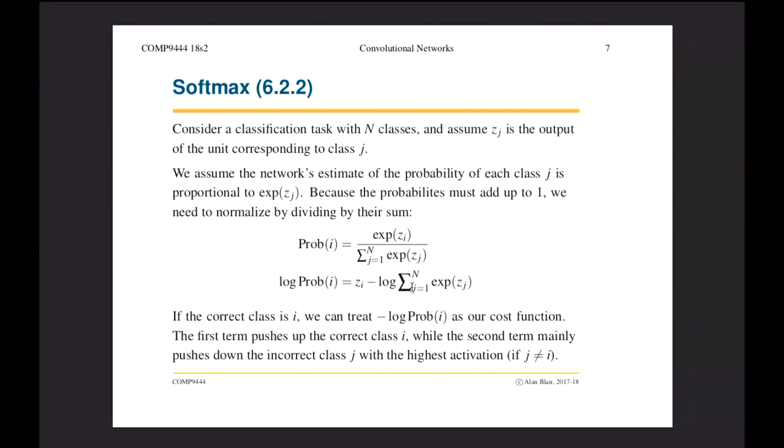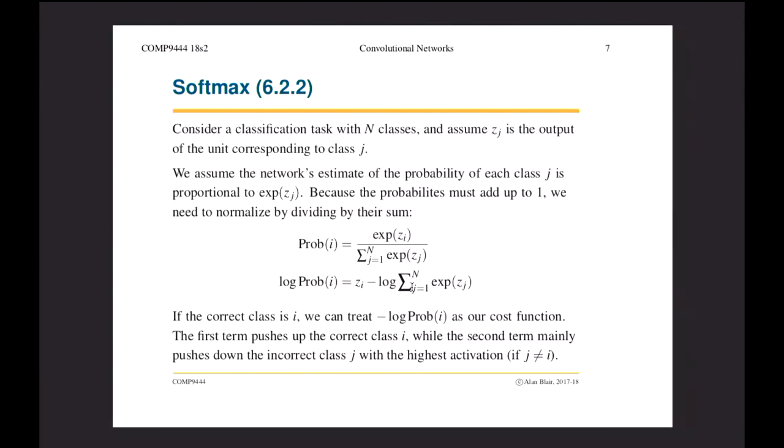So if i is the correct class, then the log of the probability of i is Zi minus log of the sum of e to the Zj. As I was saying before, in practice, that term Zi has the effect of pushing up the correct class. No matter what value the correct class currently has, there'll be pressure for the network to increase it.